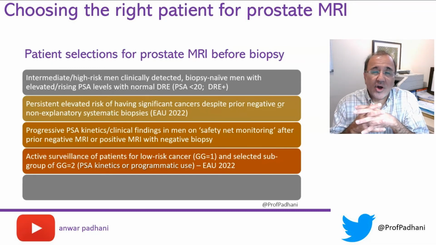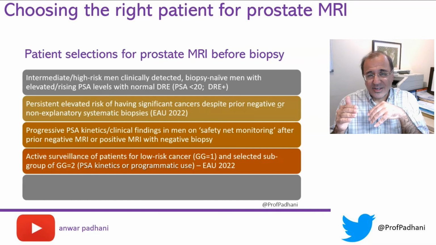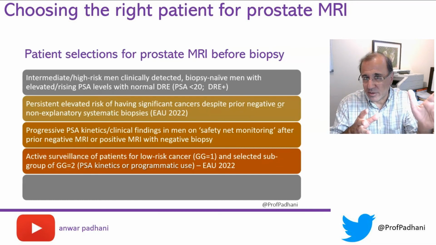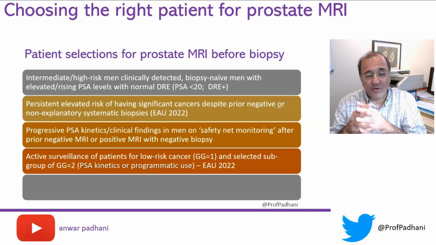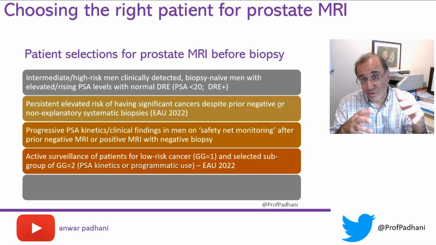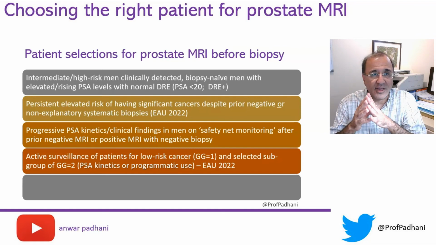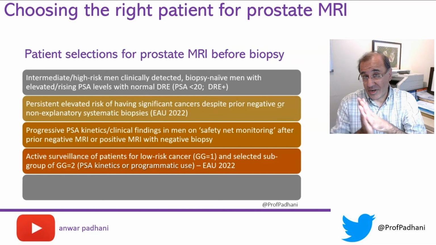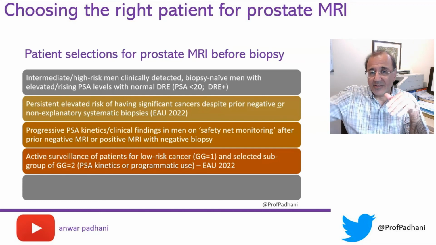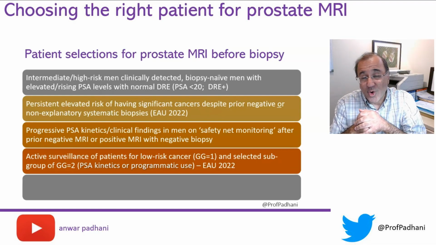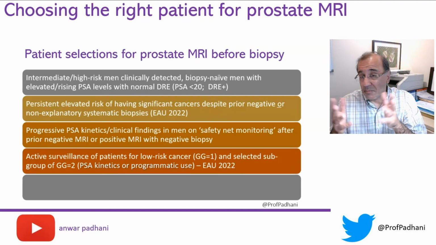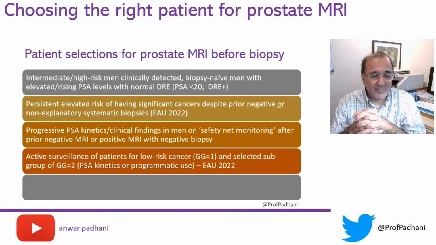It's men who are at persistent risk of cancer despite a prior negative biopsy, and that's well recognized. It's also men who have progressive PSA kinetics who are on that safety net of monitoring after either a negative MRI, but then the PSA continues to rise, or had a positive MRI but had a negative biopsy.